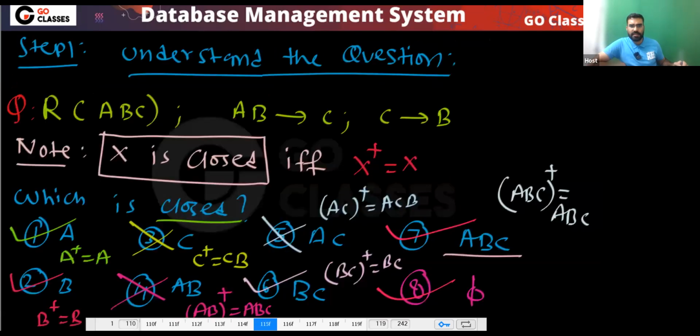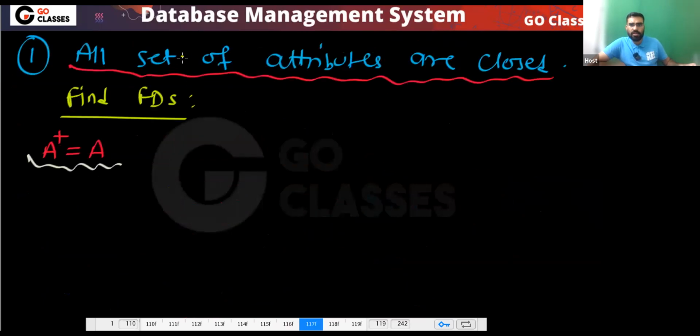Now you can notice all sets of attributes are closed. Basically, it means that whatever set you take, that will be closed. Is this clear? For example, if I take BC, that will be closed.